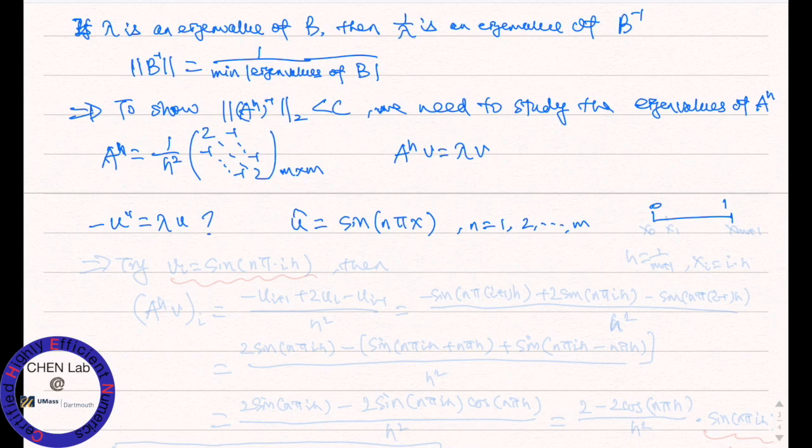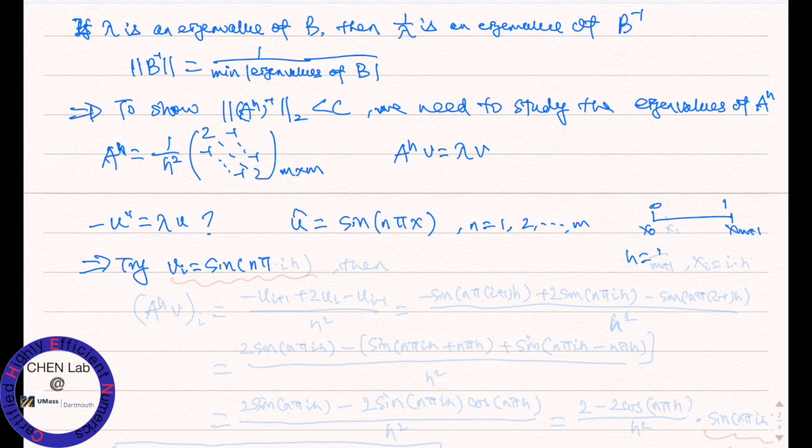So if we try the vector V with components Vi equal to sine of m pi x, what is x? Think of x0 here and x m plus 1 here.